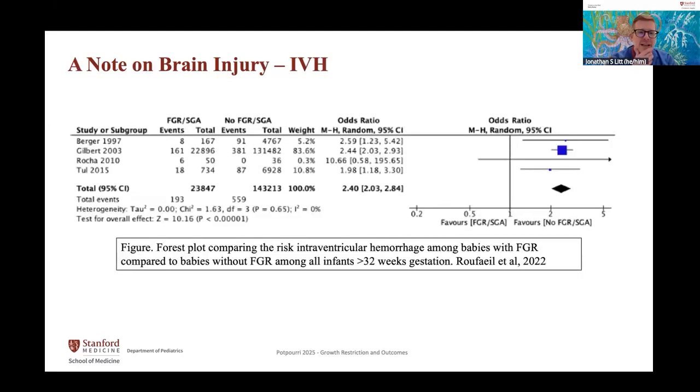This is a meta-analysis that found that infants who were born with fetal growth restriction or small for gestational age, and I will make a note that these were defined differently in these different studies, had no increased risk with fetal growth restriction for intraventricular hemorrhage after birth.